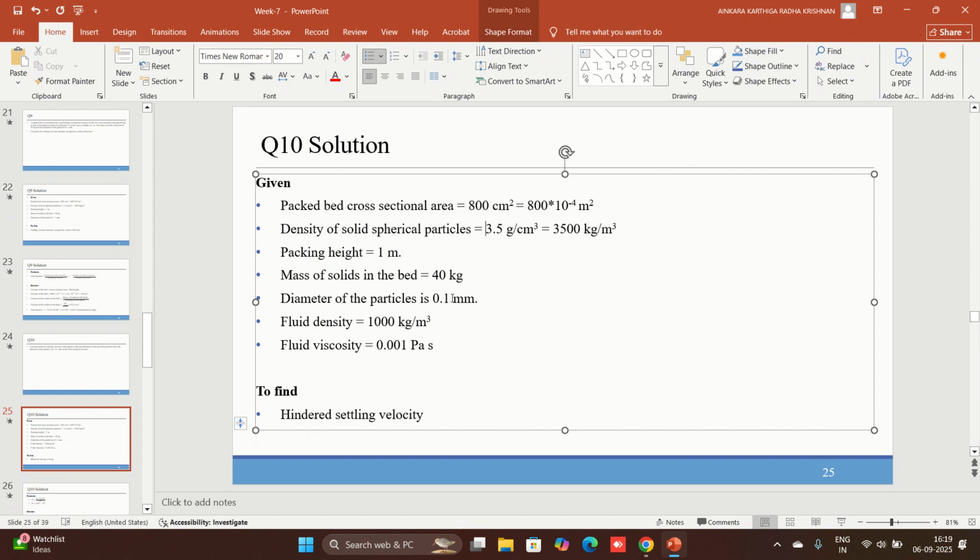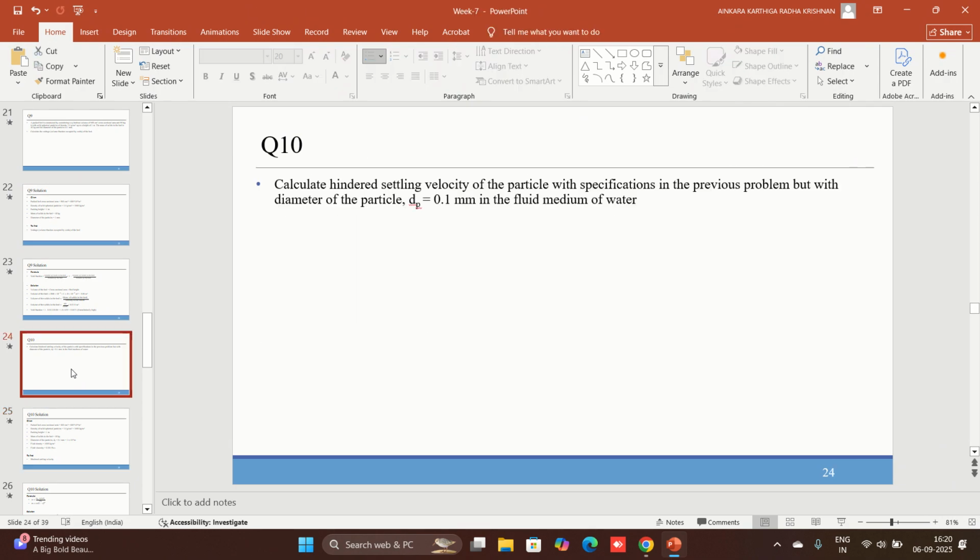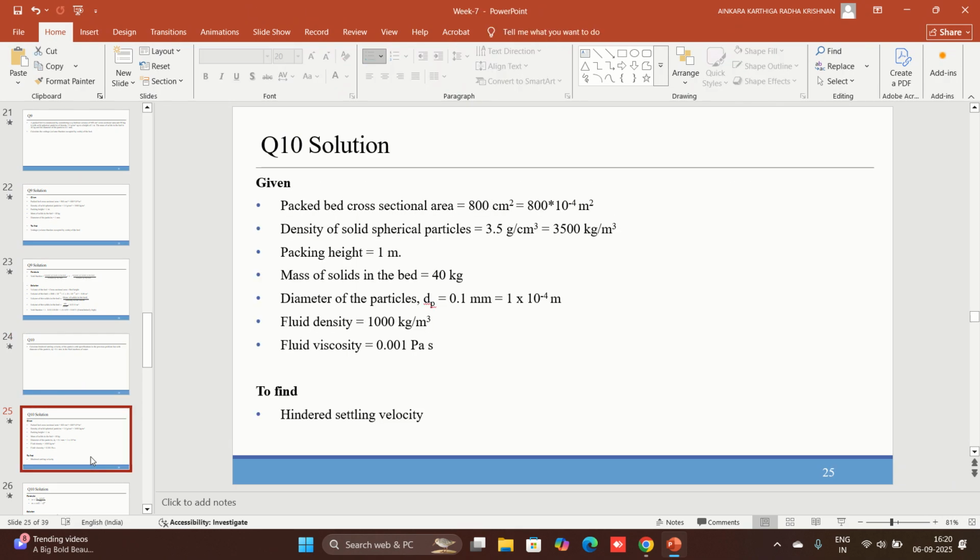Now we changed only the diameter of particle to 0.1 mm, or 1 into 10 power minus 4 meter. Everything else is the same. Fluid density is 1000 kg per meter cube, and fluid viscosity is 0.001 pascal second. And we have to find the hindered settling velocity of the particle. Are we clear till here?